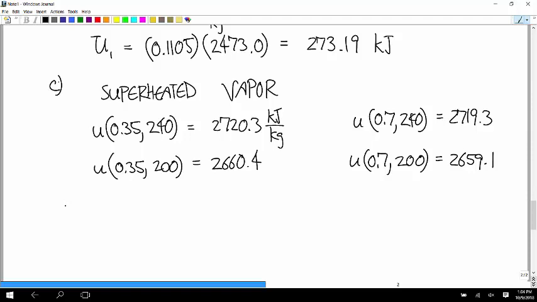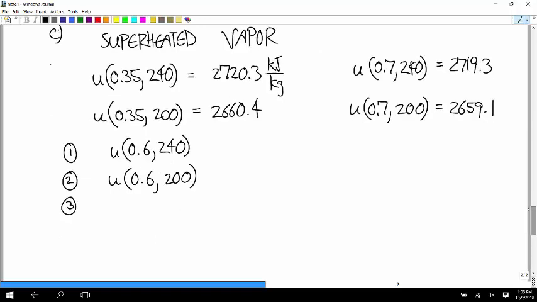So I guess what I did was, for step 1, specific internal energy at 0.6 bar, 240. Then I did the specific internal energy at 0.6 bar, 200.